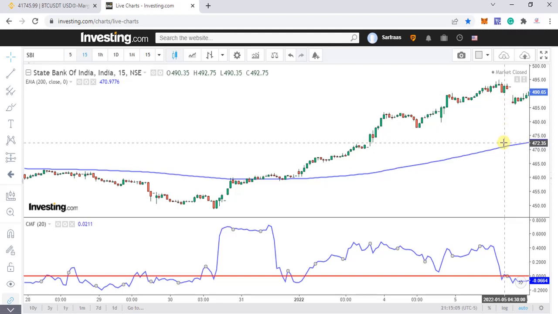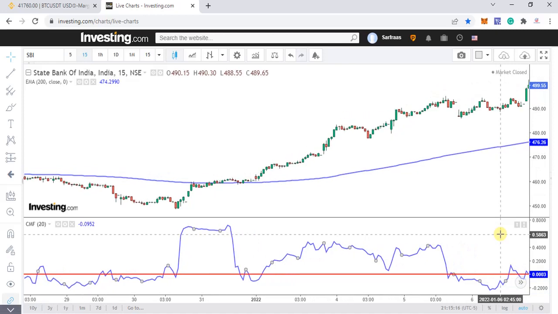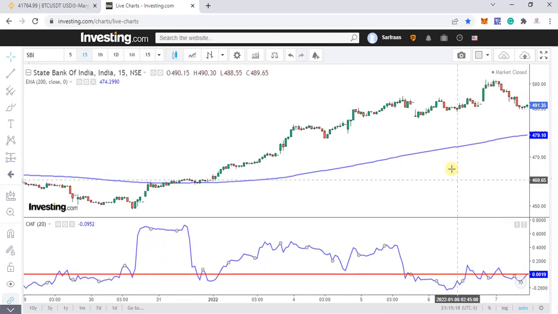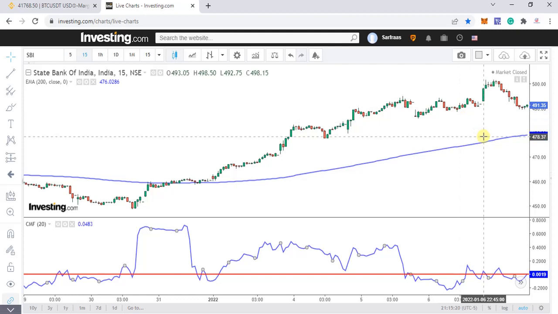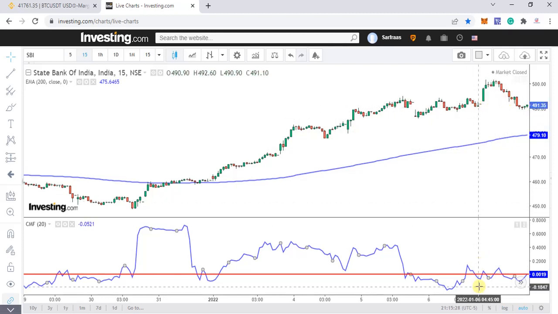So I would rather book my profits here or keep some nominal positions open, because we can see it's moved down considerably. Let's see how it moves ahead further. It's still in a consolidation zone, and now the candle itself is also moving down. So this is a no trade zone for me because both are contradictory.